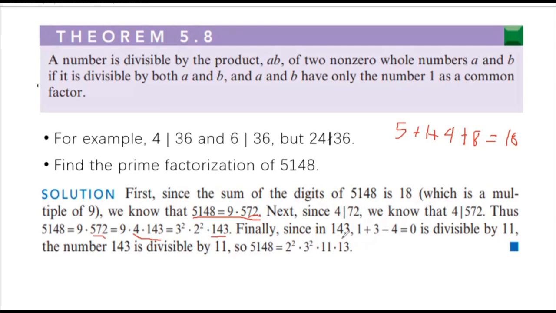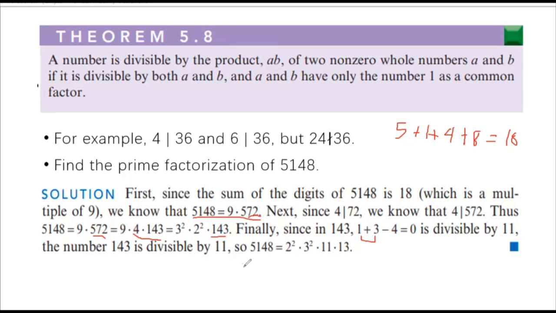If we're going to look for the sum of the alternate digits of 143, such that 1 plus 3 is 4, then minus dun sa opposite, which is 4, so magiging 0. And 143 is divisible by 11, according to the test for divisibility by 11.